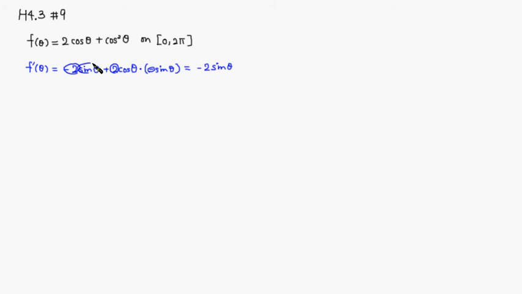So what's left is going to be 1 plus cosine of theta. Right? So that's the first derivative.